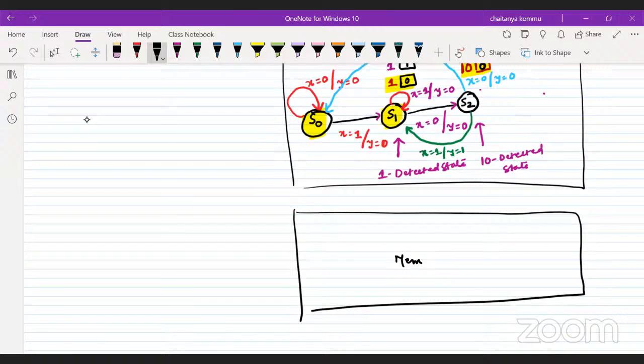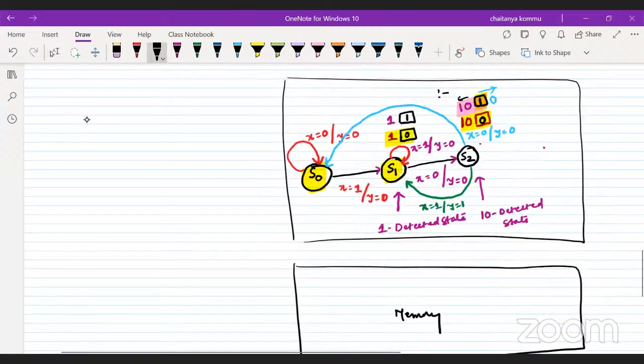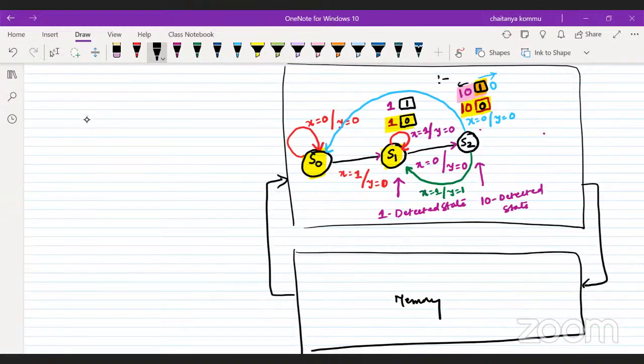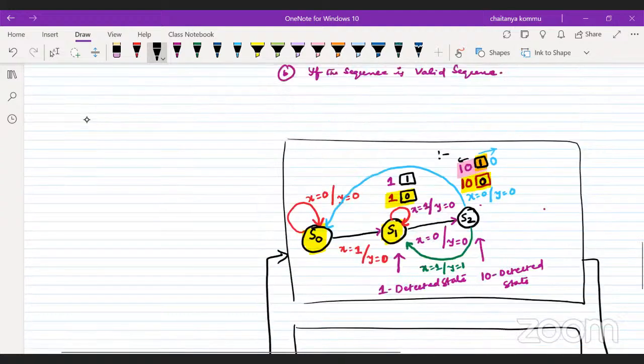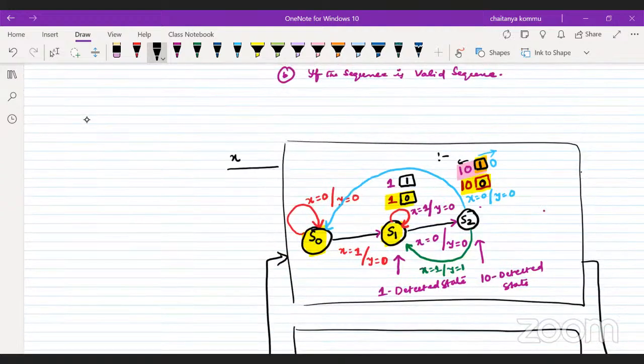The output of this one is connected here. The output of this one is connected here. What is the input for this one? This combinational circuit requires X input, and it will produce Y output. We also have a clock signal here and a reset signal here.